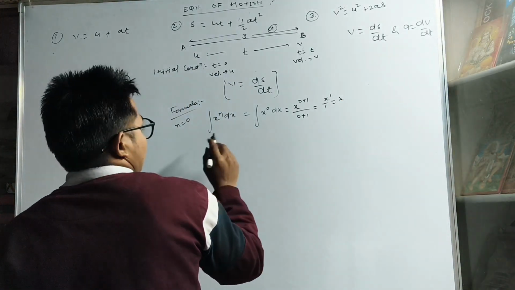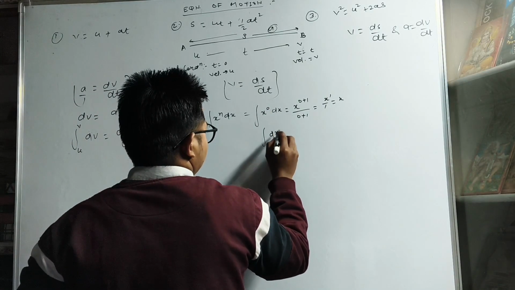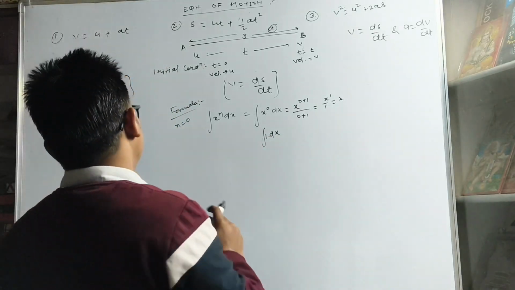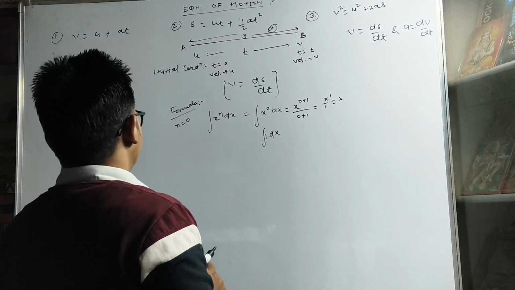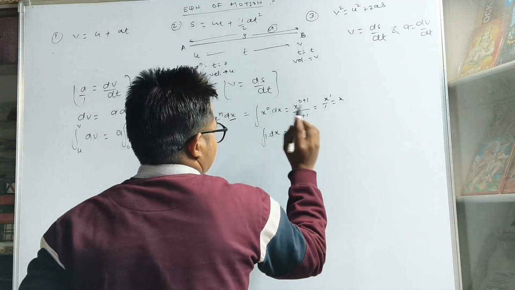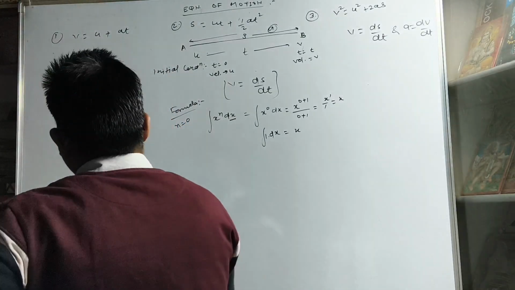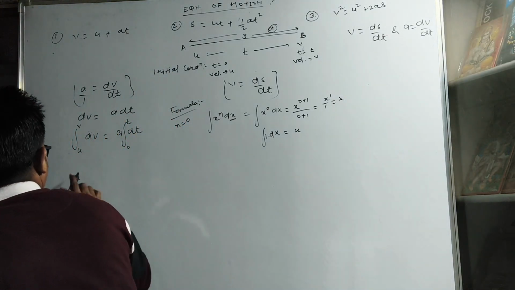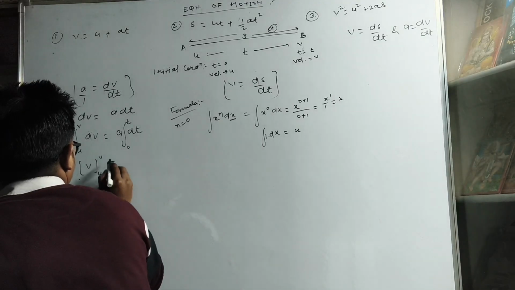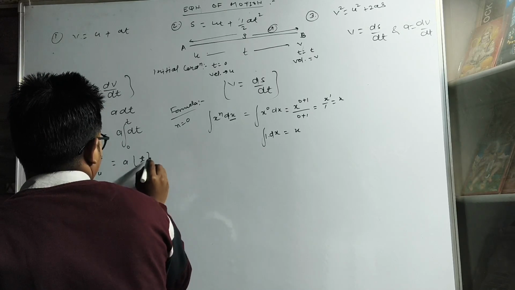That means in the case of x to the power 0 the integral becomes simply the integral of 1 dx, which is x. So with this formula the integration of dv is nothing but v only, with the lower and upper limits. Similarly a times the integration of dt becomes at, from 0 to t.